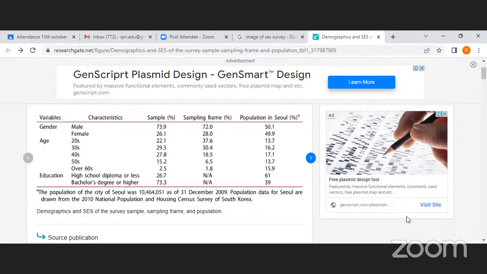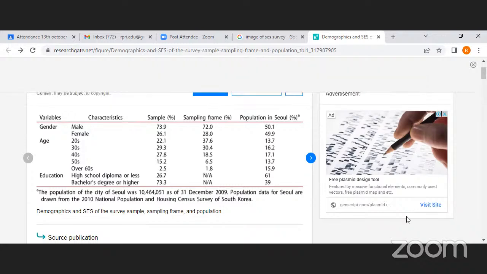Initially you have the population data. That data will be the secondary data, from a secondary source, maybe the population survey. And from that secondary source, you will create the sampling frame.